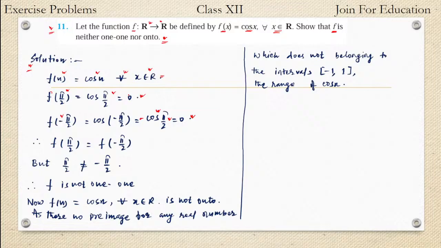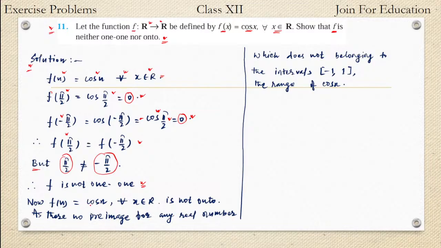Therefore the right hand side is equal, so the left hand side will be equal. The values of the function at x equal to pi by 2 and -pi by 2 are equal, but pi by 2 is not equal to -pi by 2. So f is not 1-1.